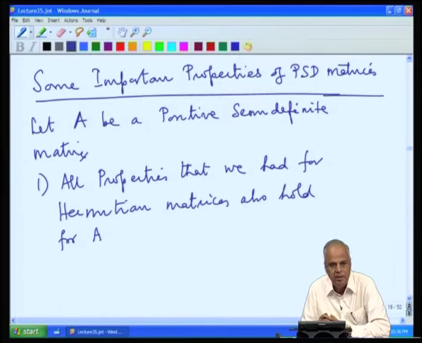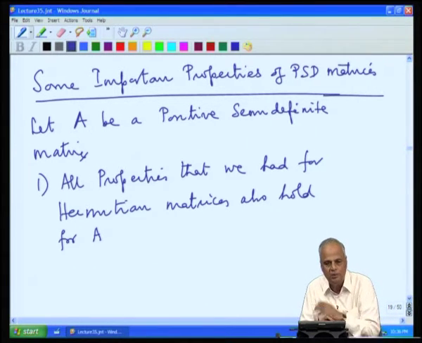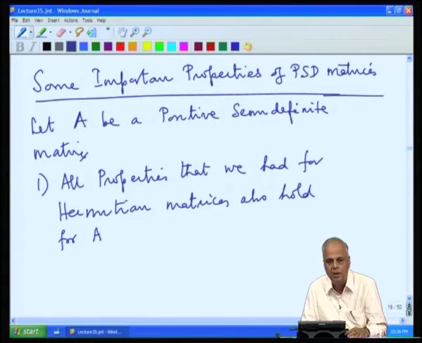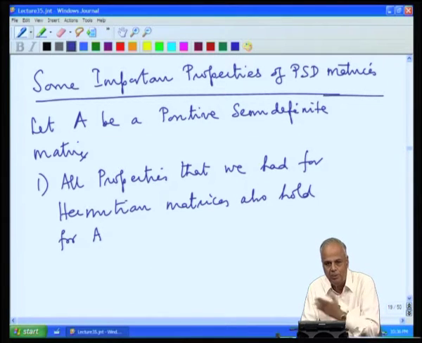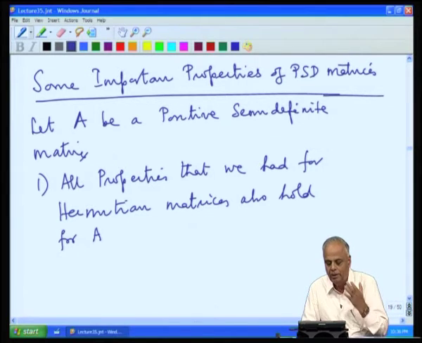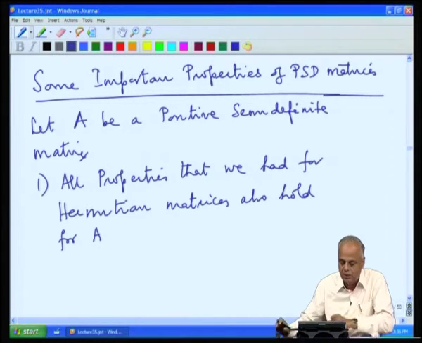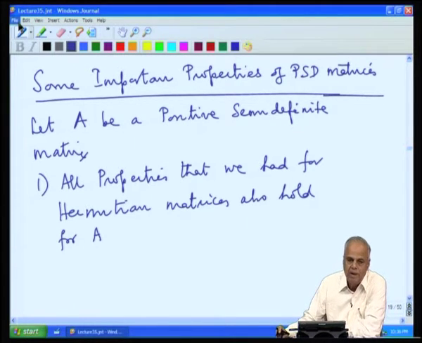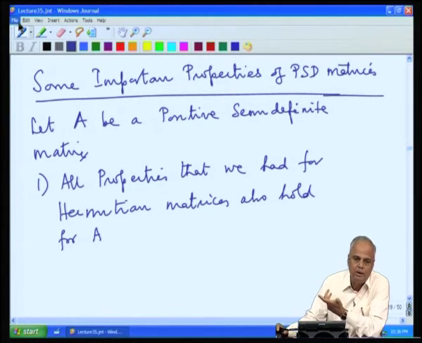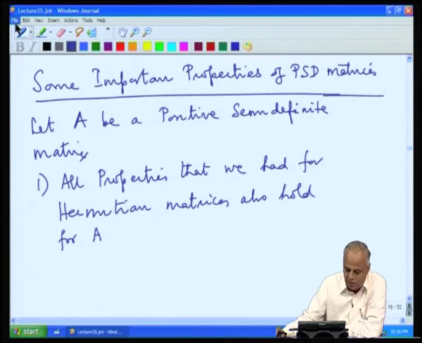Eigenvalues will be real, eigenvectors corresponding to distinct eigenvalues will be orthogonal, algebraic multiplicity will be equal to geometric multiplicity for all eigenvalues. The matrix, if it has rank rho, can be decomposed in terms of rho rank 1 matrices. All these properties can now be applied sweepingly to positive semi definite matrices, but that is only hereditary. They have acquired this property by being Hermitian matrices.